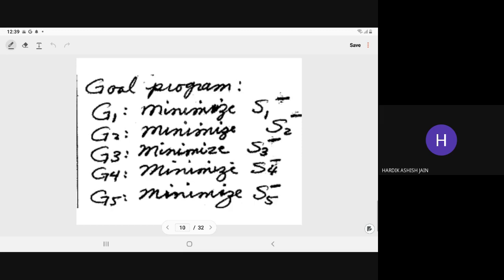In the goal constraint, you have to add the deviational variable, either the deviational below variable, or surplus, or deviational above variable, which should be the one minimized. Clear this part?